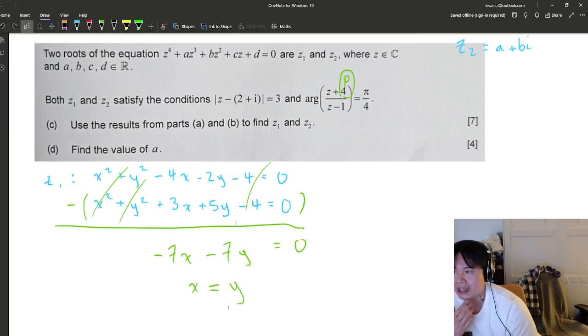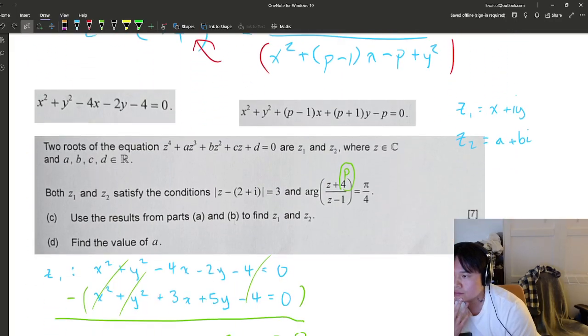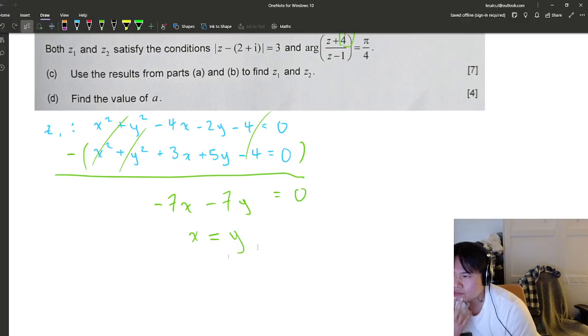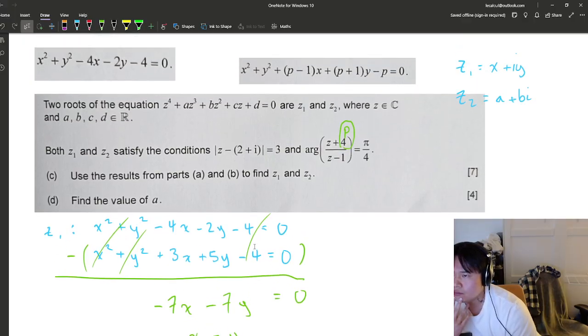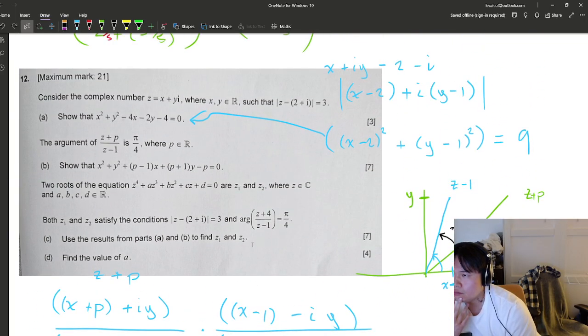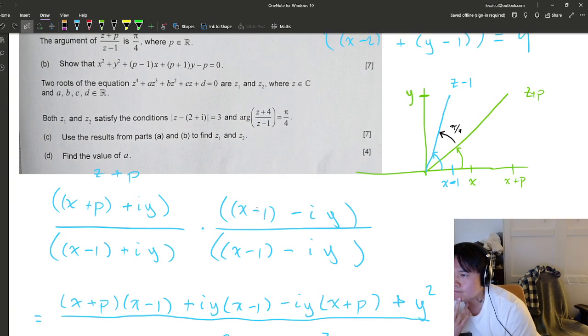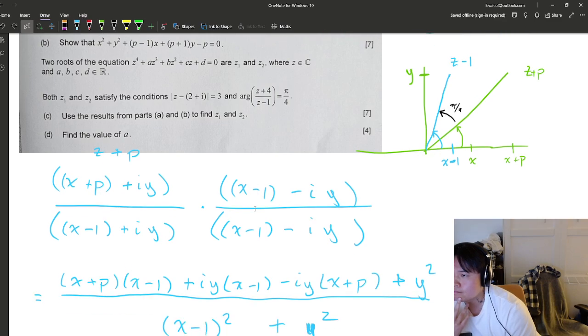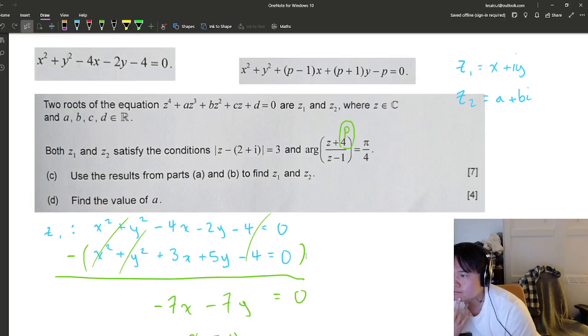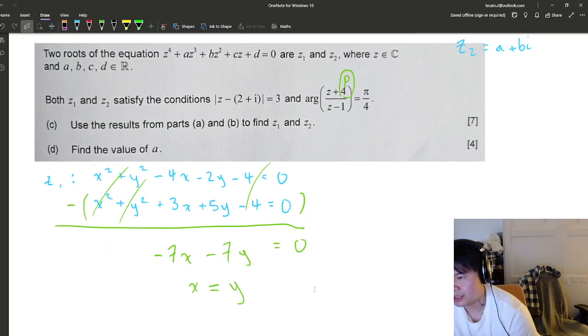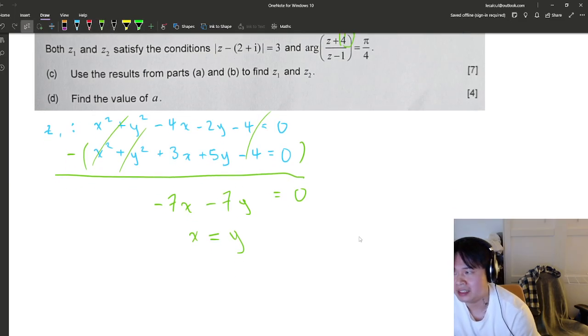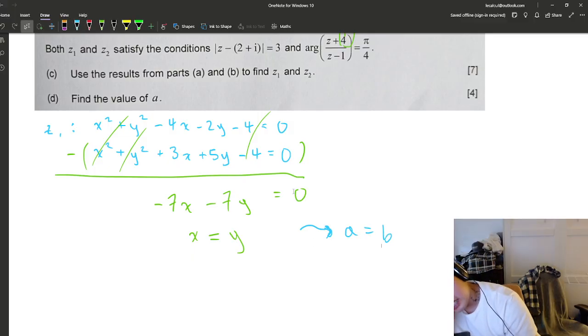This says that x is equal to y. And it would also mean that A is equal to B. That does not help too much.